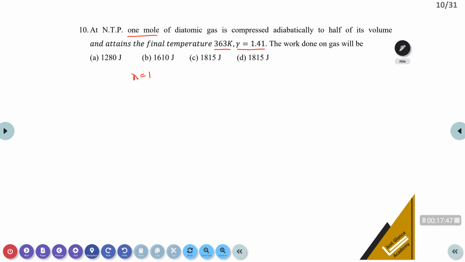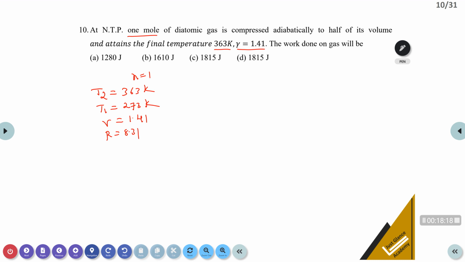Volume decreases, so temperature increases. T2 equals 363 Kelvin, T1 equals 273 Kelvin. These are the data. Next, gamma equals 1.41, and R equals 8.31 joules per mole per Kelvin.